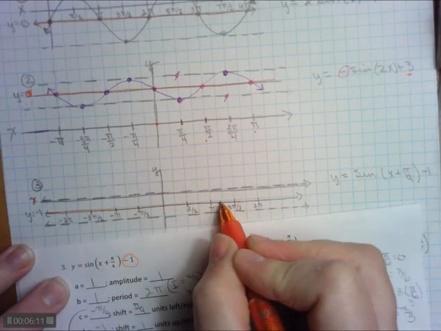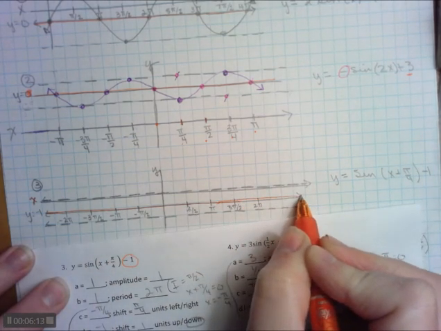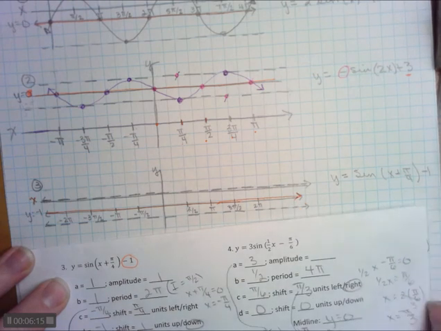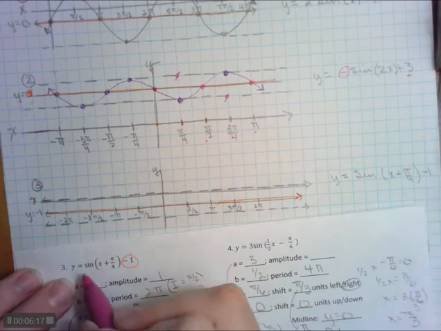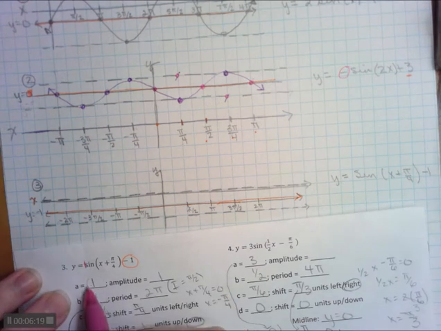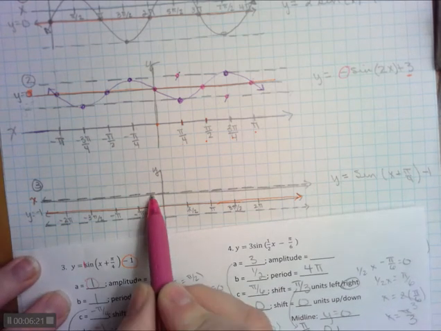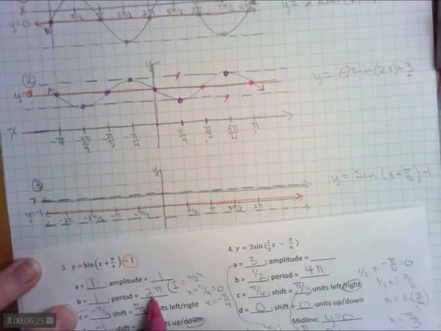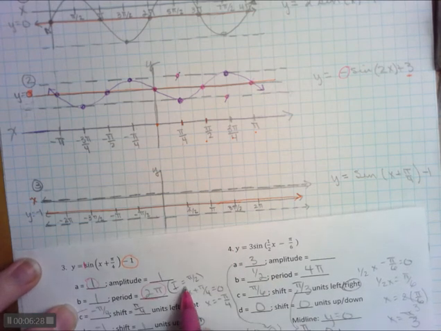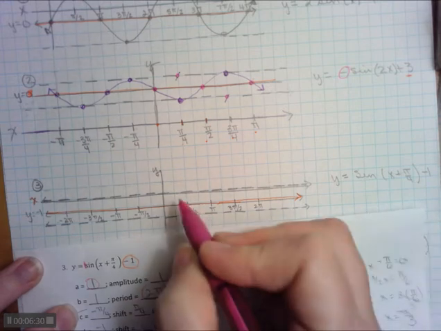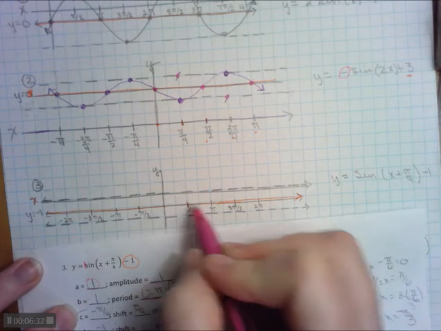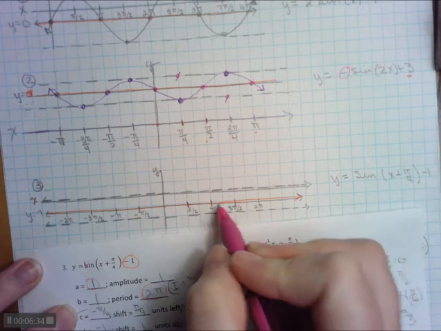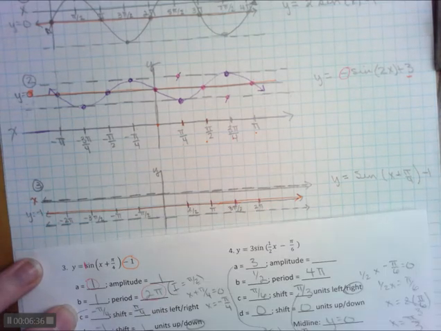I have dotted in the amplitude or asymptote lines, and my amplitude is 1, you see, so it's up and down 1 from the midline. So then this one, the period is 2, so my increment's pi over 2. Well, I'm making my increment skip 2 every time, and I count it up by pi over 2.